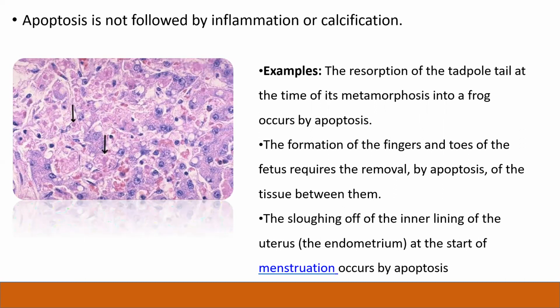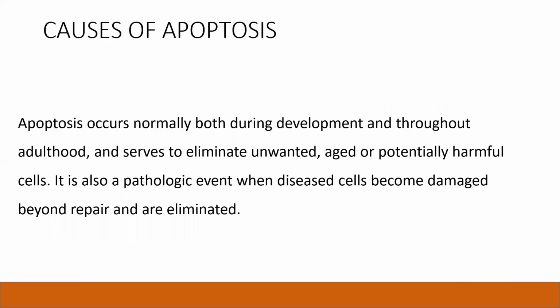The formation of the fingers and toes of the fetus requires the removal by apoptosis of the tissue between them. The shedding of the inner lining of the uterus at the start of menstruation occurs by apoptosis.